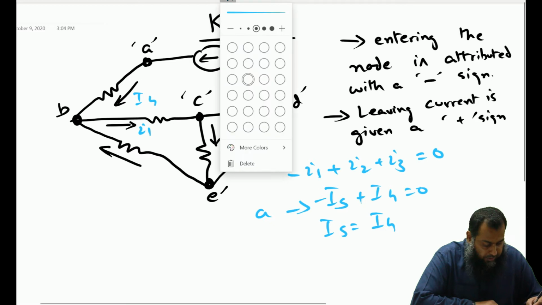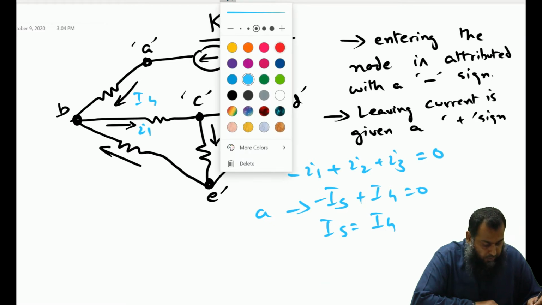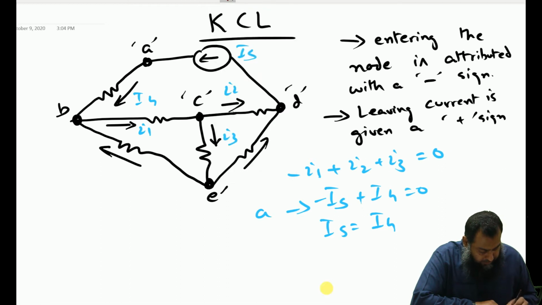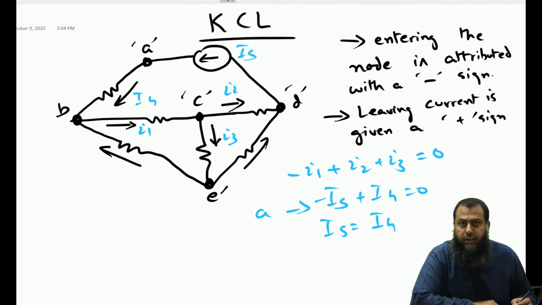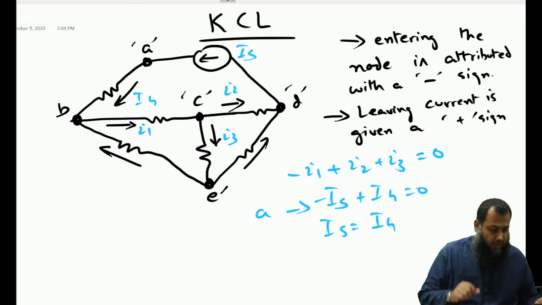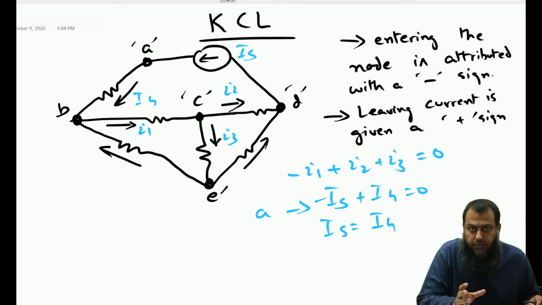Because of this law, I can safely say that the current entering is equal to the current leaving in any node. This is what we have in Kirchhoff's current law.